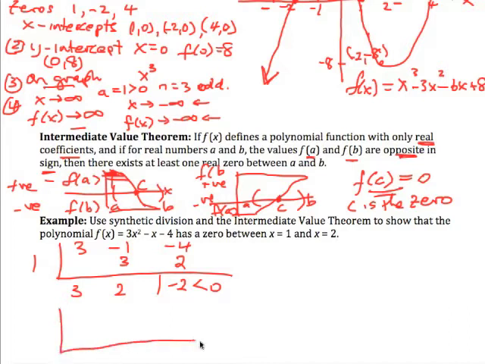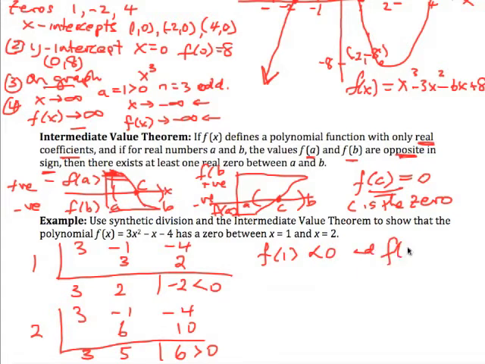Now if I use 2 here, and I have 3, negative 1, negative 4, I bring the 3 down again, so this gives me 6, this gives me 5, gives me 10, and then when I add I get 6, which of course is greater than 0. So notice that f of 1 is less than 0, and f of 2 is greater than 0.